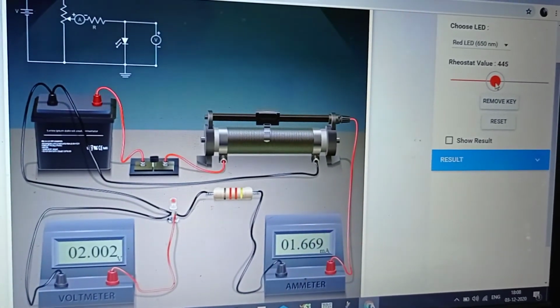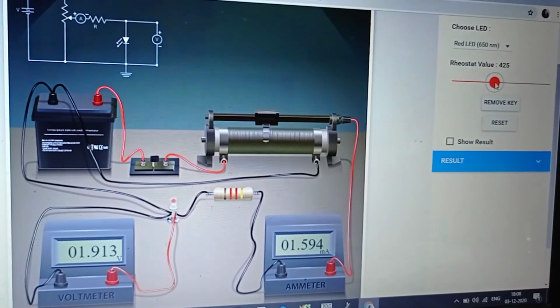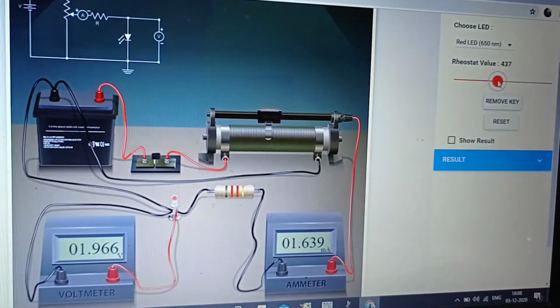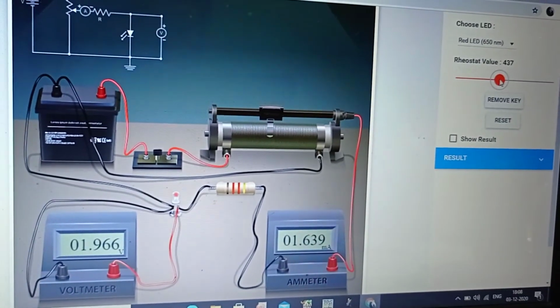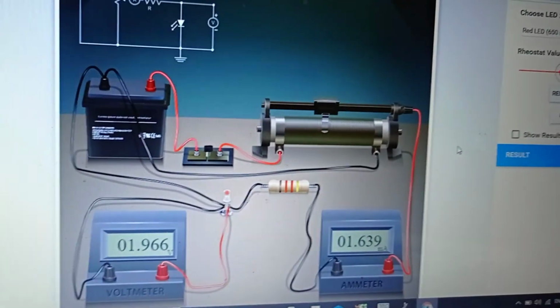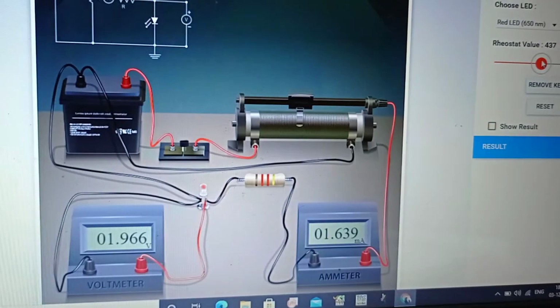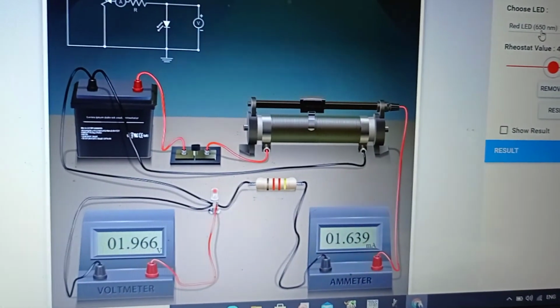The LED starts to glow at 437. So we will note it down, and we will make the table of voltmeter and ammeter reading and the rheostat value we are getting for the chosen LED.